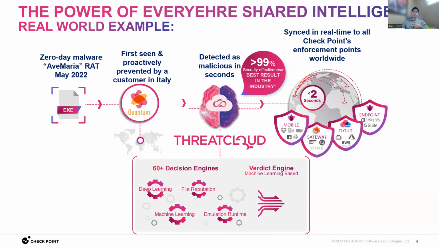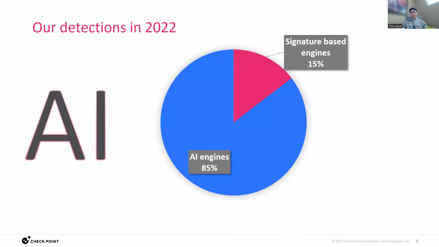So this is why I wanted to take you through this. Now, our ThreatCloud is 85% AI engine based, right? So we've got AI engines that are learning the behavior of code. And when it sees something that is outside of the behavior, that's where it gets flagged, right?